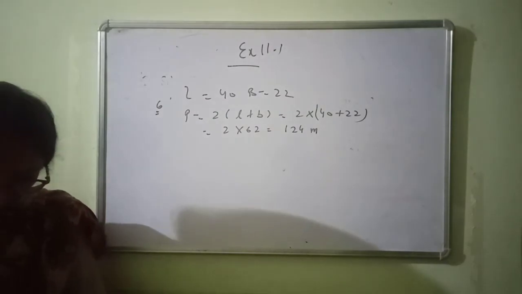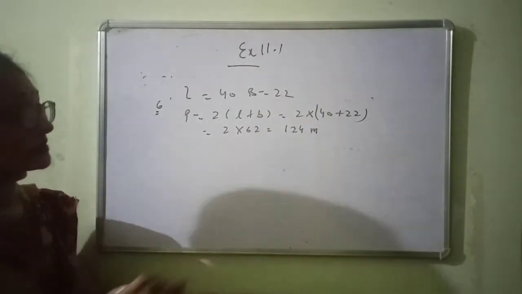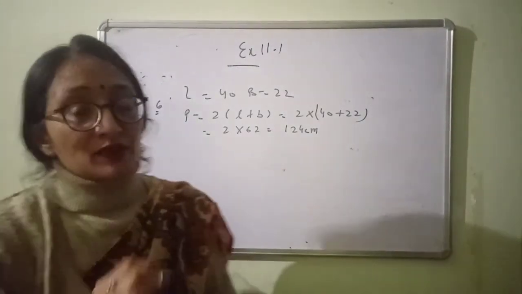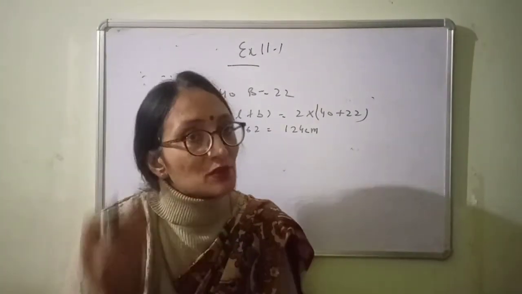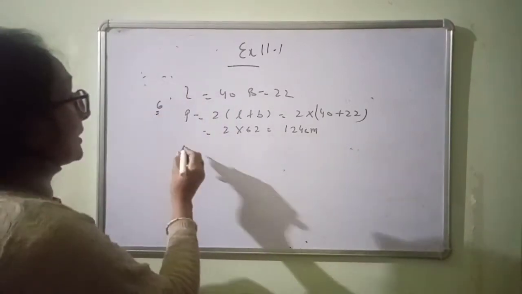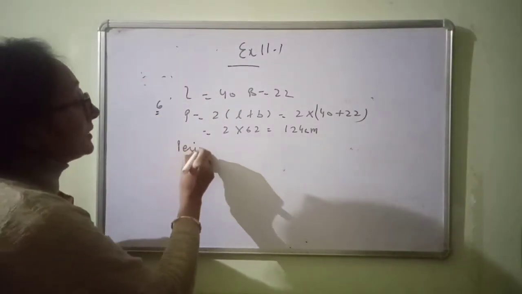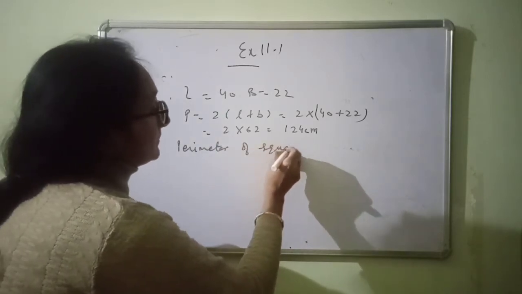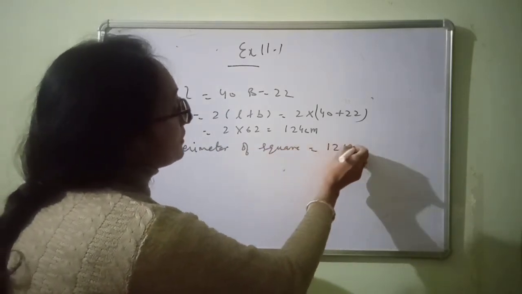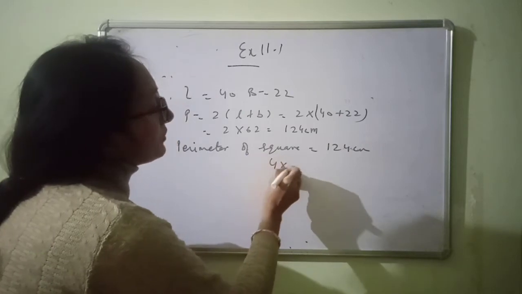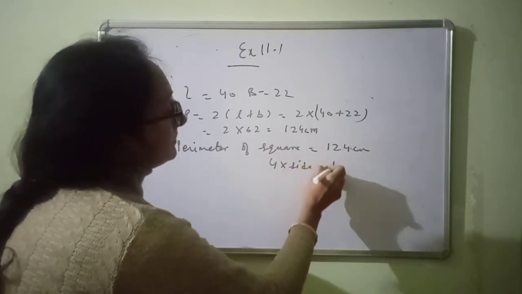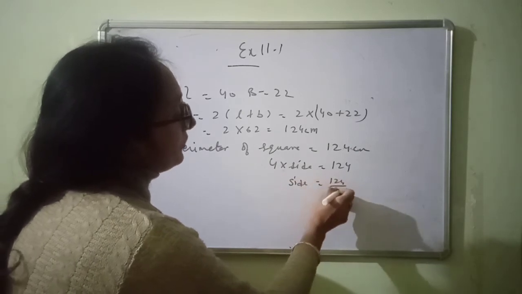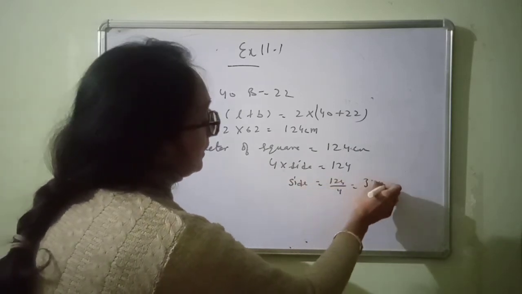Now this is reshaped into the shape of a square. Perimeter will remain same. From the same wire we can make different shapes, circle, square, rectangle. So this perimeter will be equal to the perimeter of square, which is equal to 124 centimeter. Perimeter of the square, you know, 4 into side. So side will be equal to 124 upon 4, that is 31 centimeter.